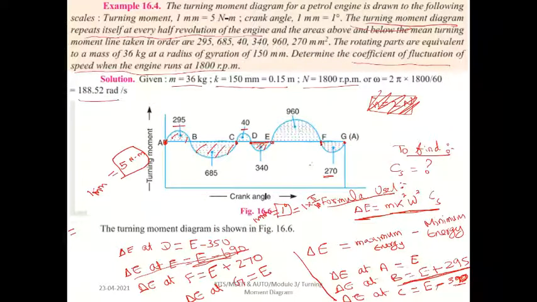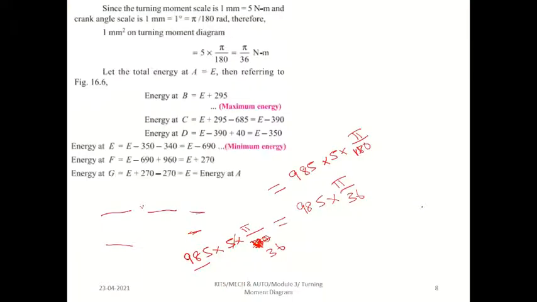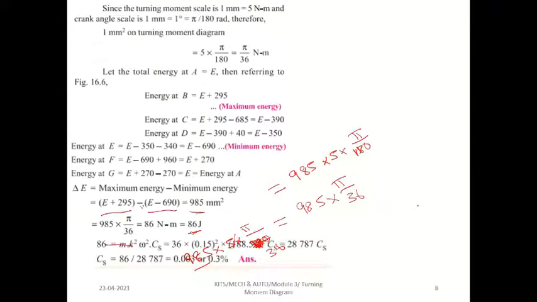Now substitute that 86 joule here. We have the formula del E equals m k square omega square Cs. So substitute the values in the formula: m value is 36, k value is 0.15, omega value is 188.552.